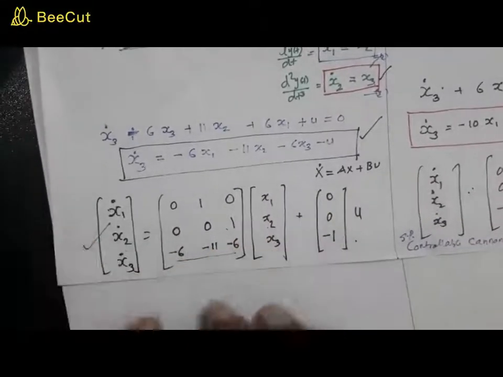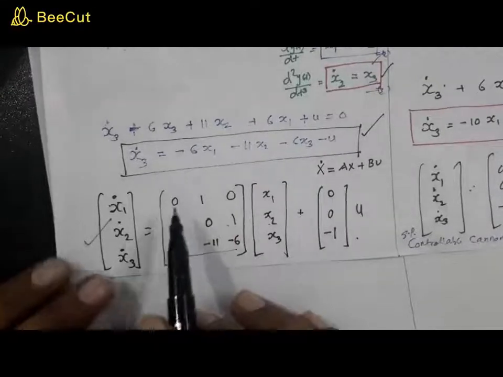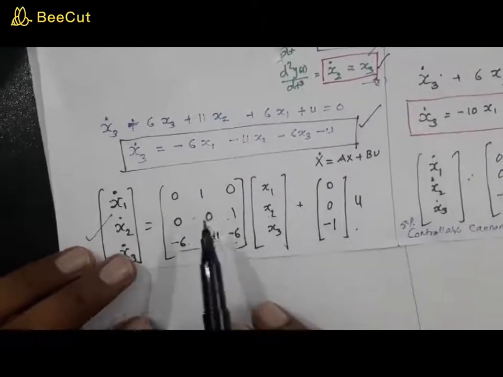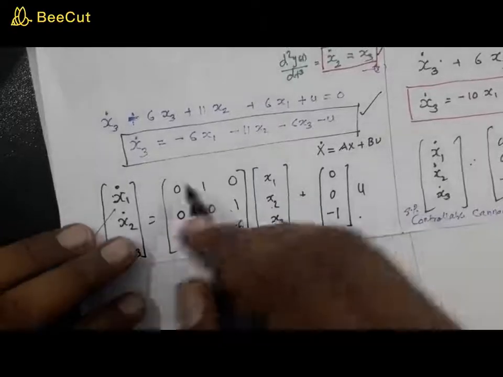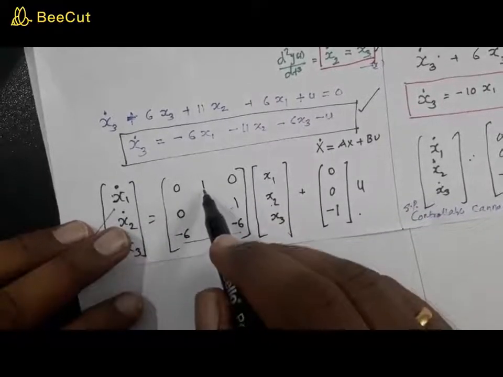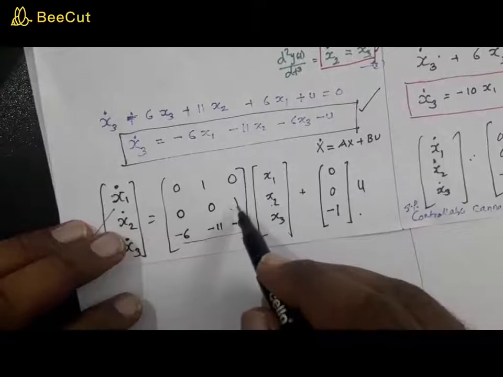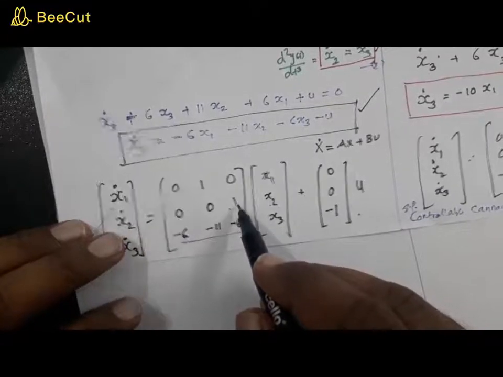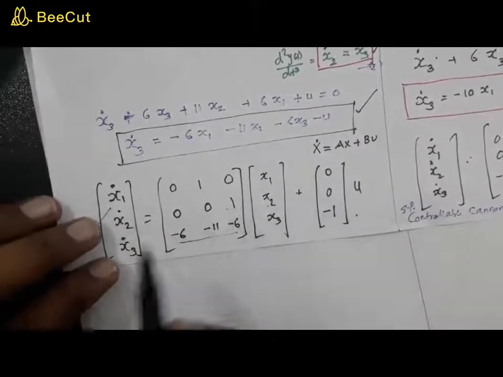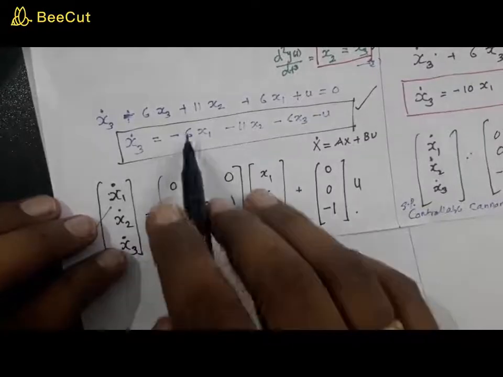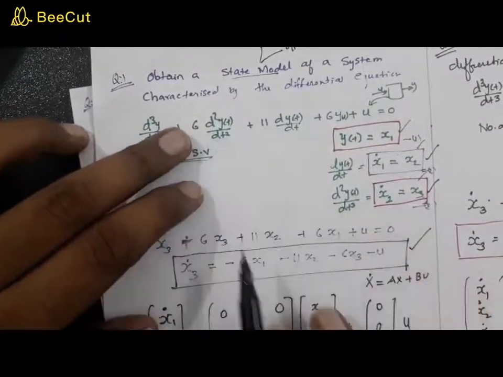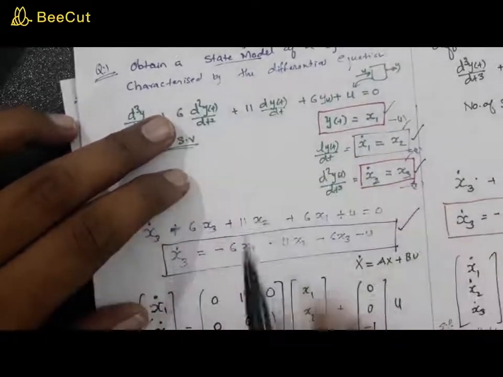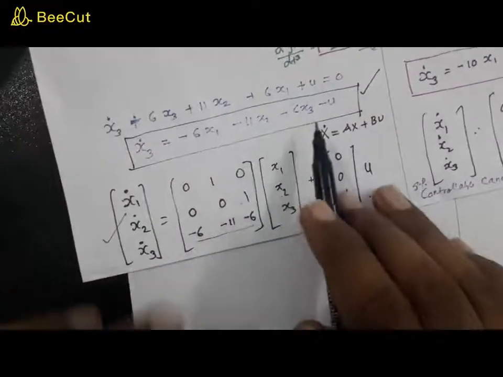So look at this. When you look at the answer of the first problem, you can see that in the first row the middle term is 1, and in the second row the last element is 1, and in the third row we can simply write the coefficients from the equation itself, right? 6, minus 11 and minus 6.